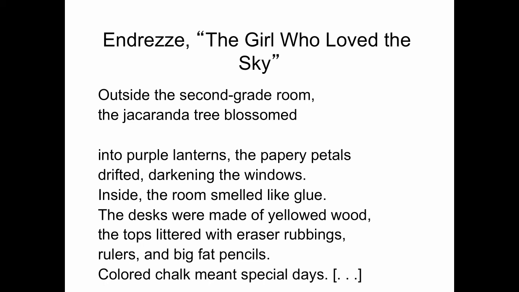And when you read the image of the tree in context, purple lanterns and papery petals drifted gives you a really good idea of what the blossoms look like, the texture of the petals. So the writer uses both sight and touch to give you an idea of what the blossoms of the tree are like.